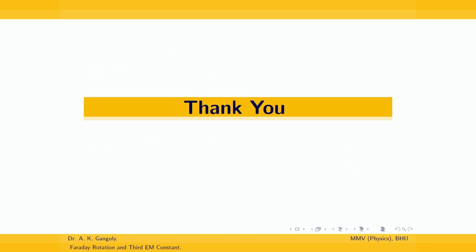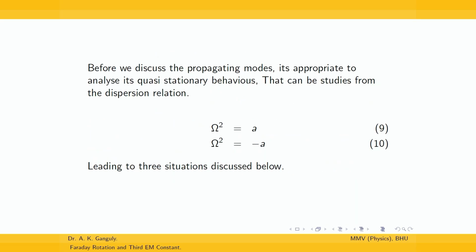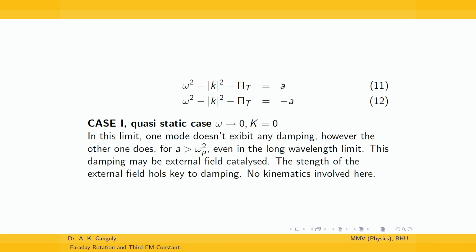The result is the emergence of 2 modes of propagation with different dispersion relations. Those are given by equation 11 and equation 12, and the quantity that we have defined by A is a contribution that follows from the third electromagnetic constant pi p, and the rest of it is already known to you.